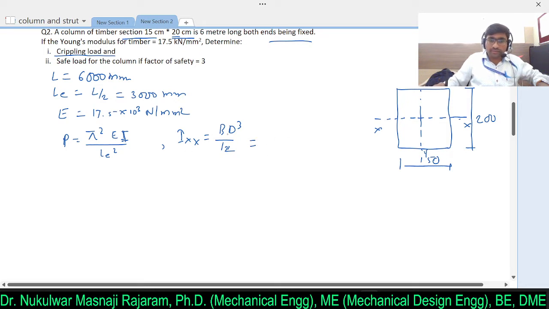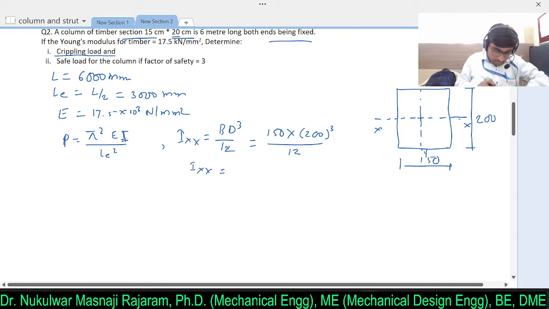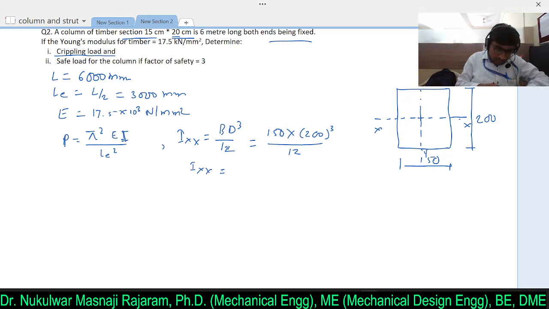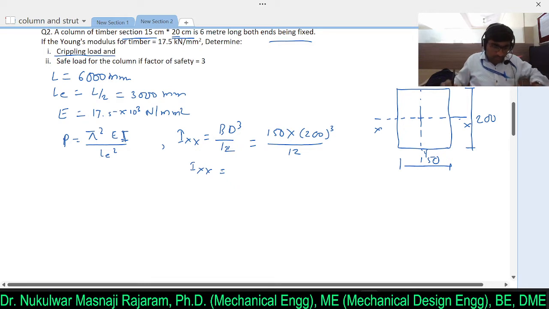So for Ixx, B parallel value is 150 into D, 200 cube divided by 12. So here I will get Ixx equal to 150 into 200 cube divided by 12. It will be 100 into 10 raised to 6 mm raised to 4.